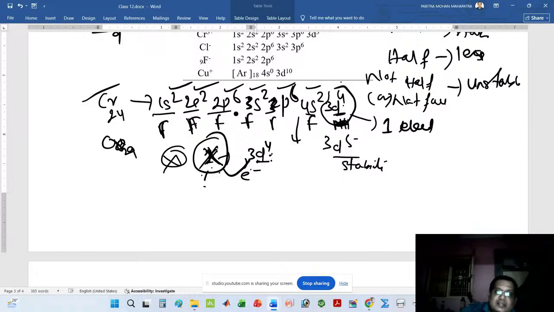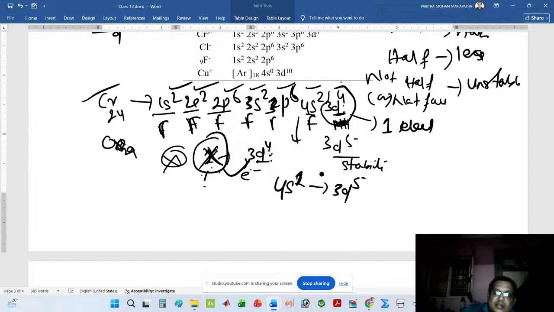So what happens here? If you check the criteria of 4s, 4s has nearly the same energy as 3d. If 4s shifts one electron to 3d, 3d will be 3d5, here 4s1. Now look at that.